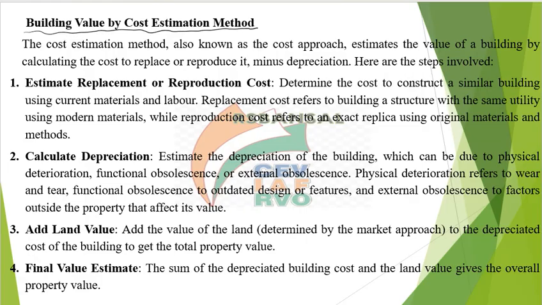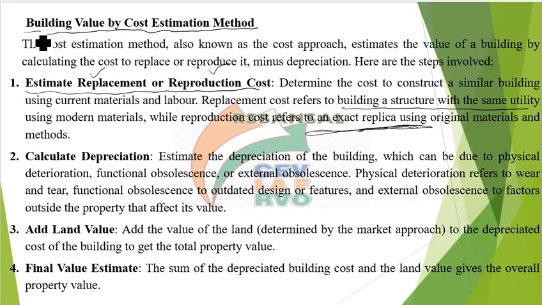The first thing, you estimate the replacement cost or reproduction cost. So first, you must know whether you are doing replacement or reproduction. In replacement, the main thing is that you have to consider building a structure with the same utility by using modern materials. While in reproduction cost, you have to produce an exact replica.